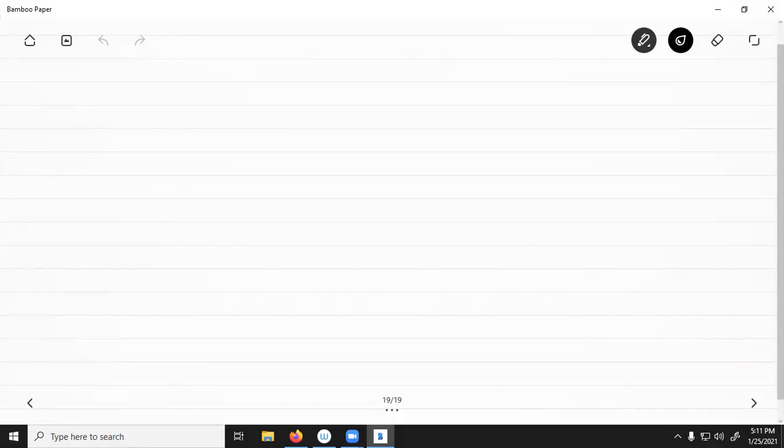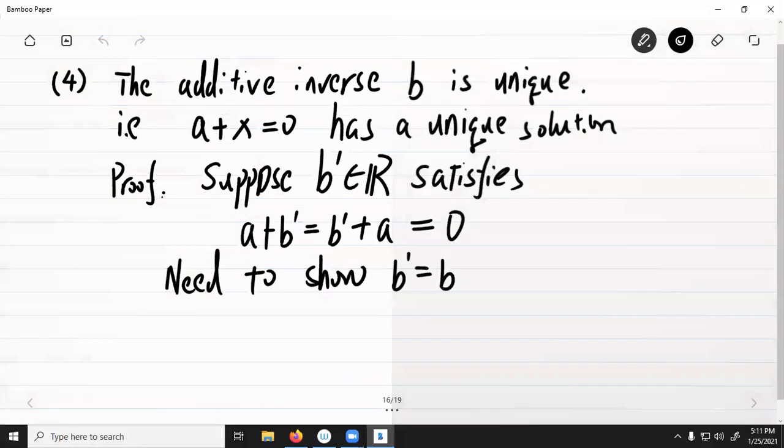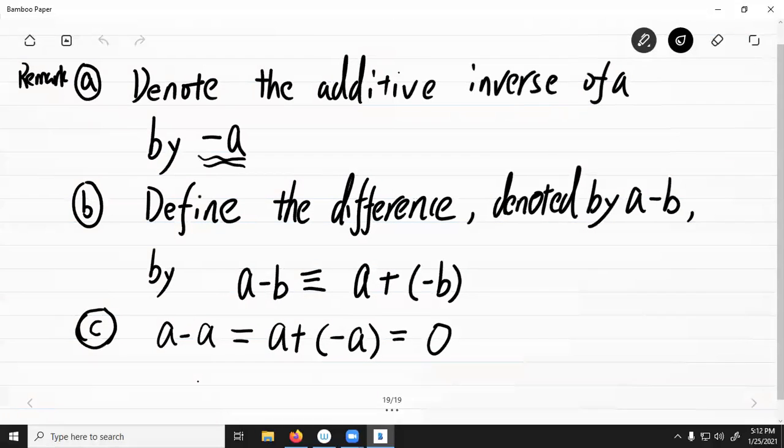So now let's look at the next one, which is the thing you needed to prove by yourself. This is the 4. So the next one would be 5.